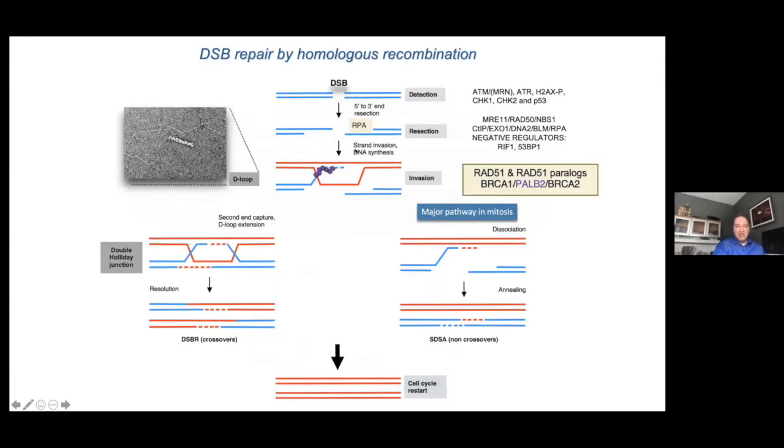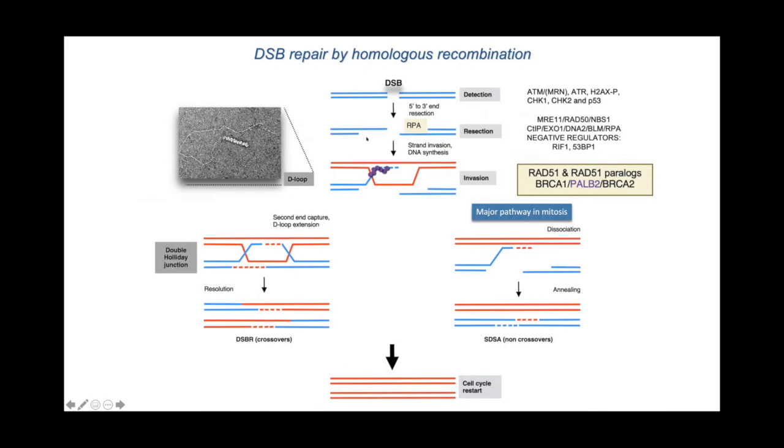So I'll go very quickly here. For many years, we've been interested in homologous recombination, which is a faithful way of repairing double-strand breaks. And there are many steps in this process, but one key step is after DNA resection, where you create these single-strand tails here. The Rad51 recombinase finds homology in the undamaged sister chromatid.